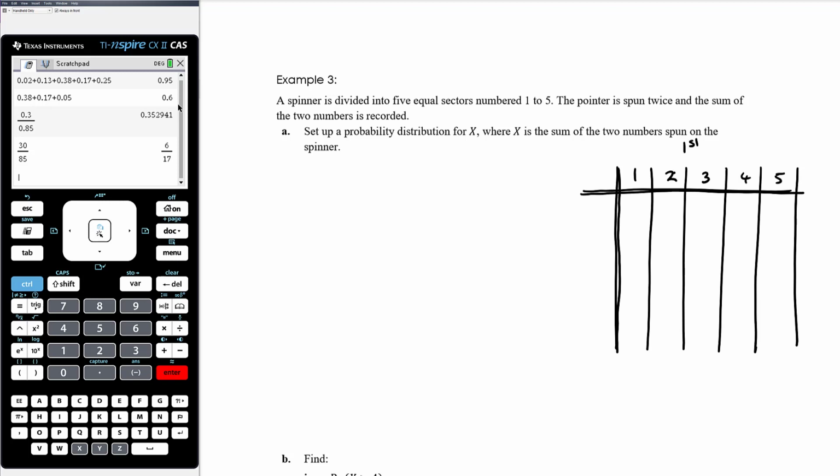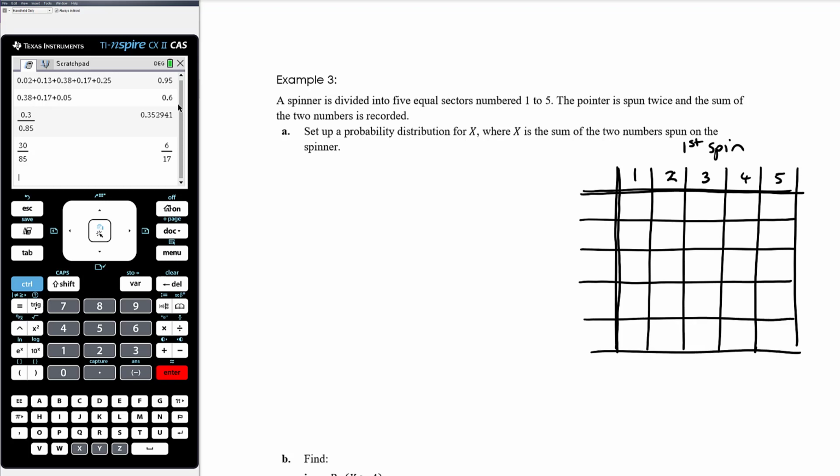Let's say this is our first spin. Doesn't really matter which we nominate as first and second. And in our second spin we could also get 1, 2, 3, 4, 5.